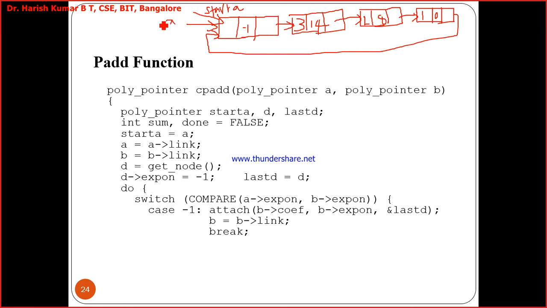How to make it? Because the address of this node is present here, I want A to access this field. A is equal to A arrow link, and A arrow link is this field. Here there is an address, and I'm assigning it to A. That means after this statement executes, A is not pointing to this, A is pointing to this. I made poly pointer A point to the first term of my polynomial. Have you understood?